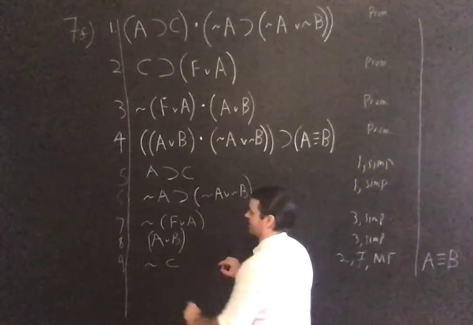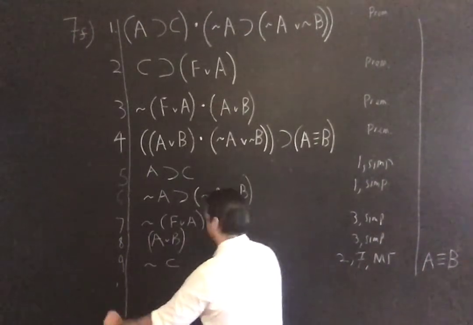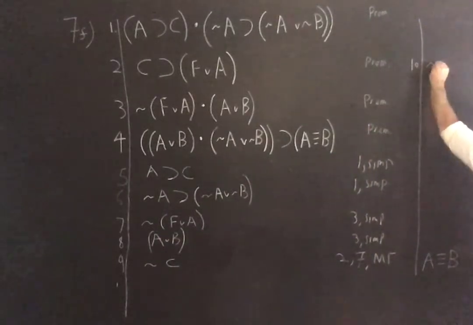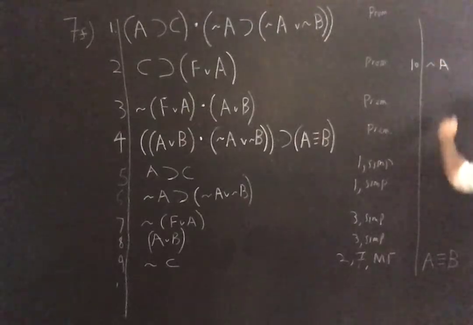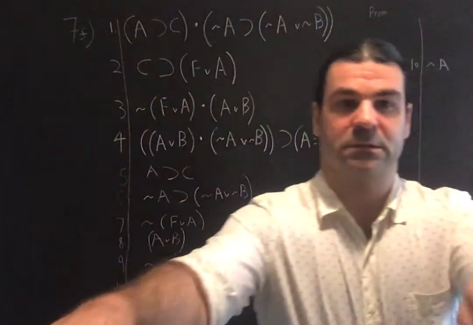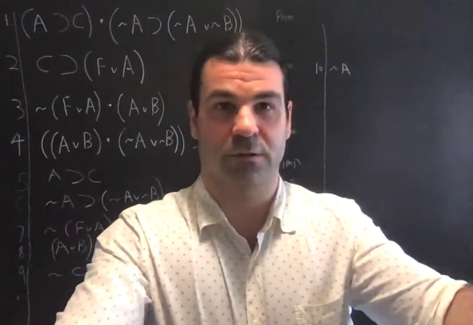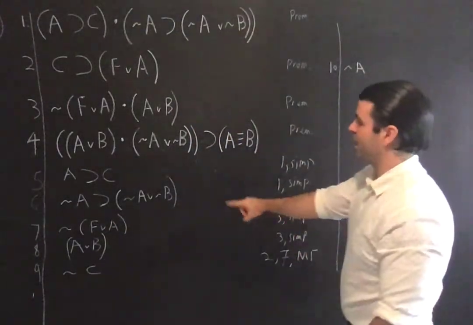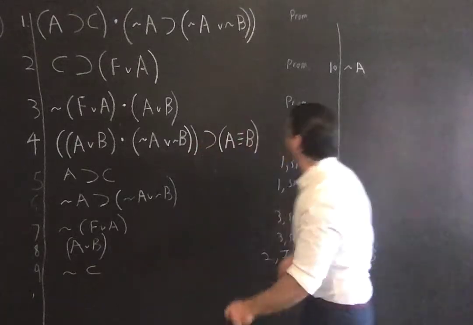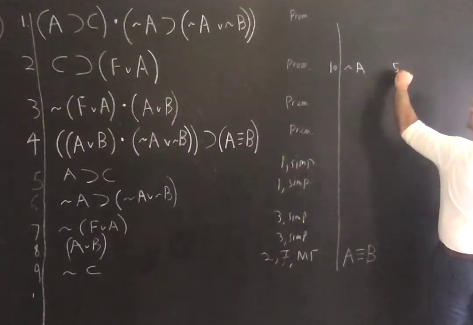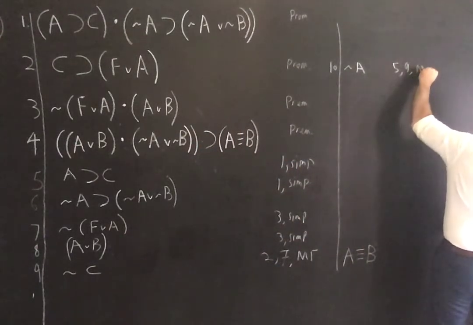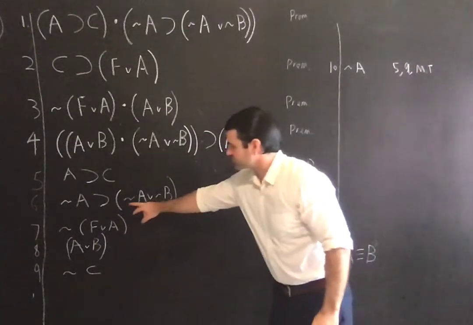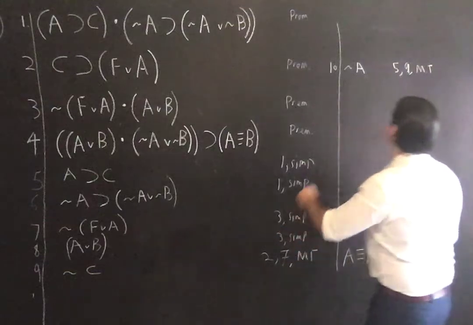That was to get not A. 10, not A by 9 and 5, right? Modus tollens on 9 and 5. Okay, why did I want not A? I can do modus ponens on 6 and 10.